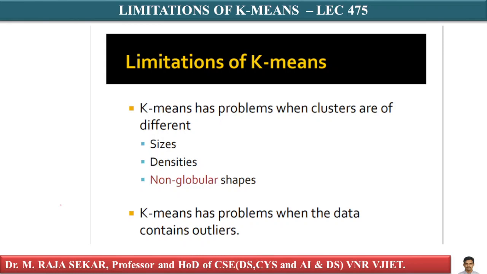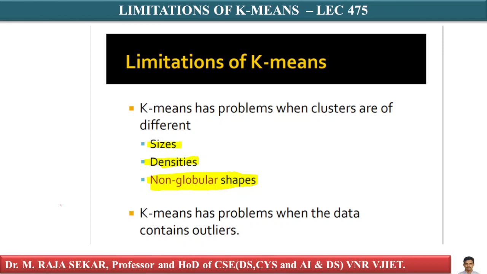When you have clusters of different sizes, k-means may not work as well as you expect. When you have clusters of different densities, and when you have non-globular shapes, or I can say non-convex shapes, k-means may not work.